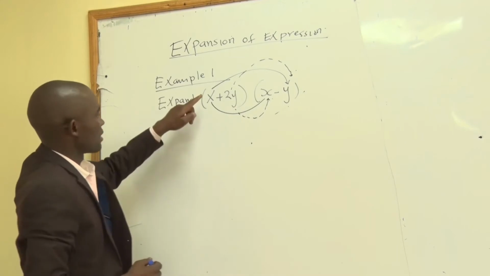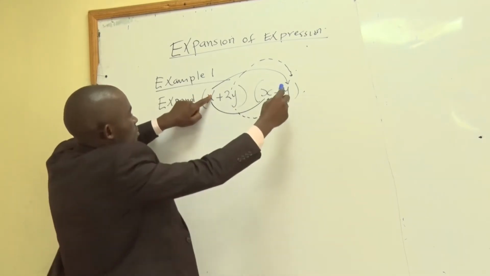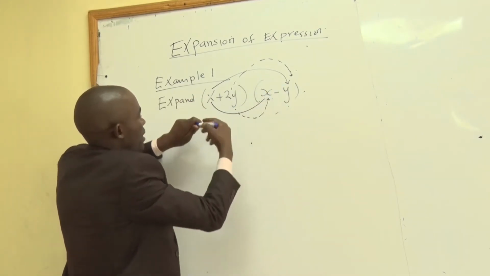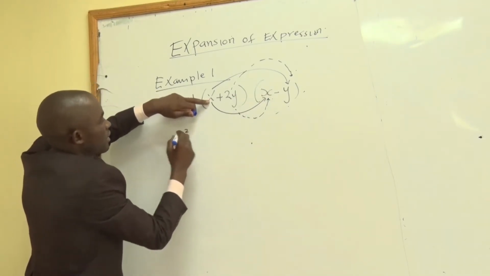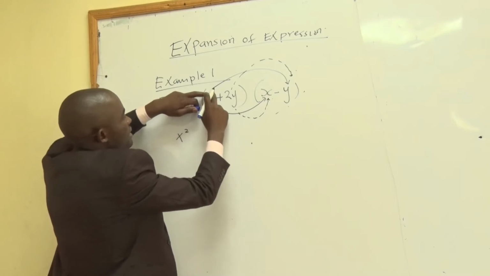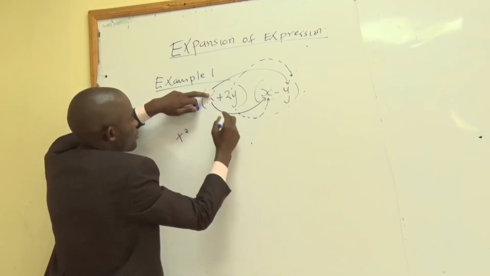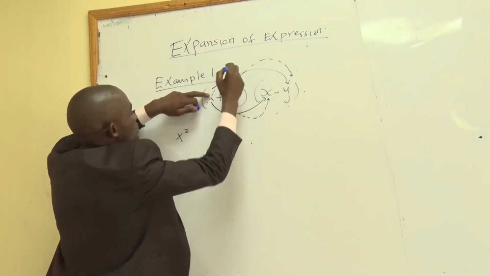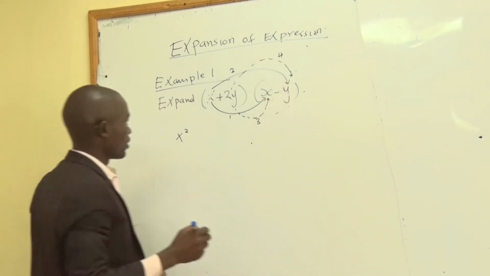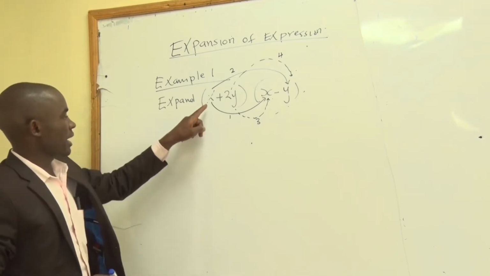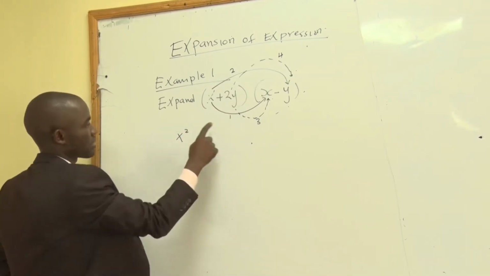So I've said the first thing is you take this one, x multiplied by x, you will get x squared. Then you will take this x, you multiply by y. So this is step 1, step 2, step 3, and step 4. Step 1, you will take x multiplied by x, which is x squared.